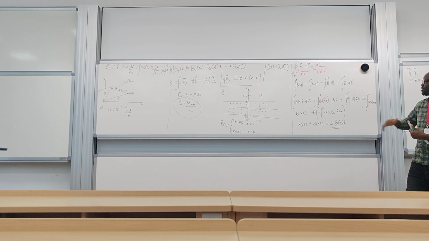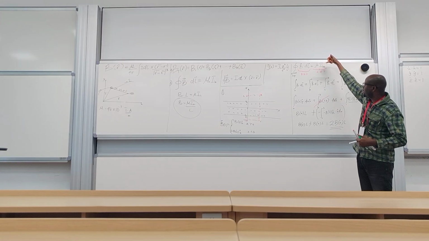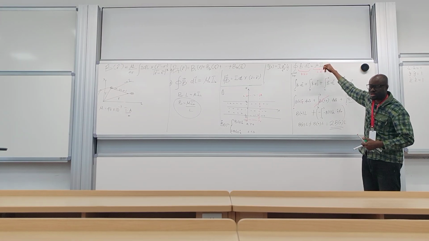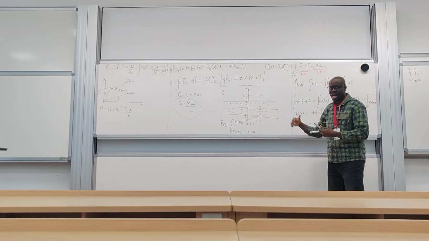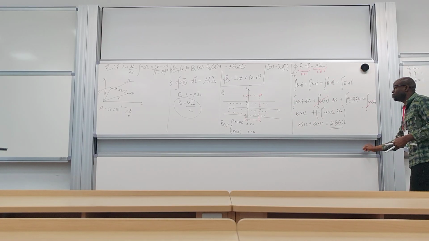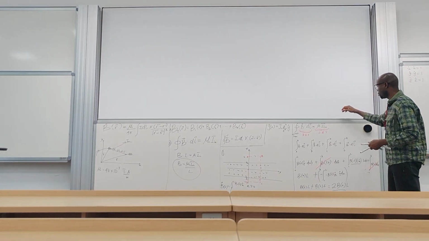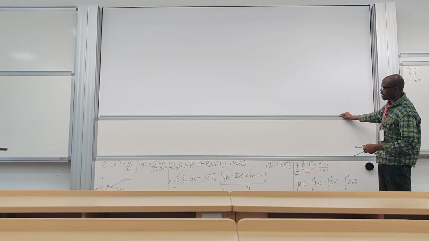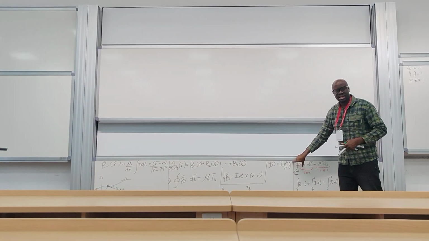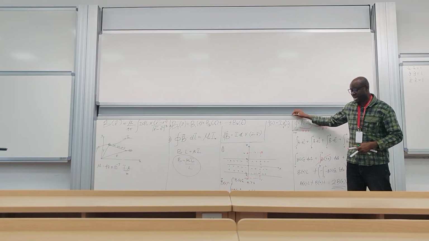And then on the left hand side, because this is current enclosed within this loop, I need to relate that current to the current density. There's an expression that relates J and I together.